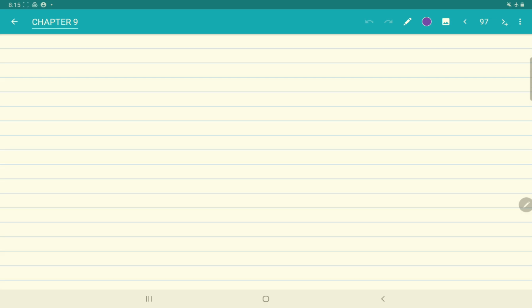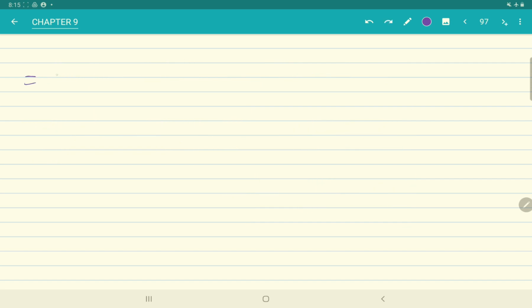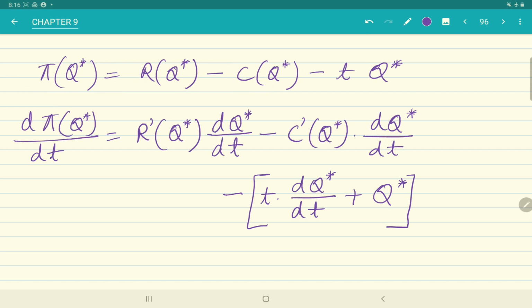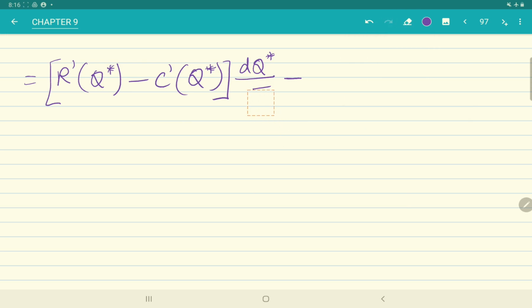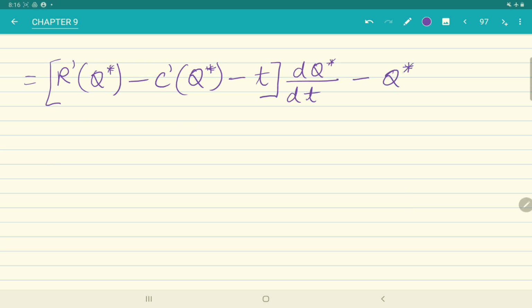And that gives me r prime q star minus c prime q star, times dq star by dt, minus t dq star by dt, minus q star.